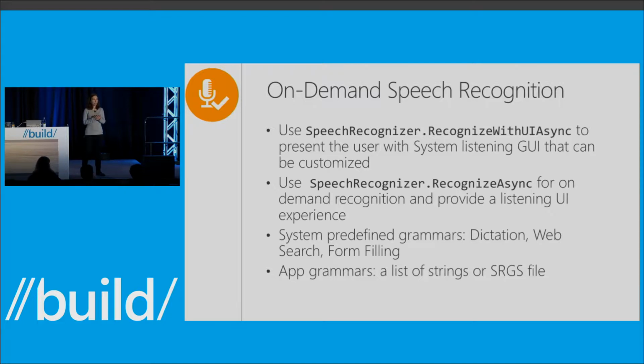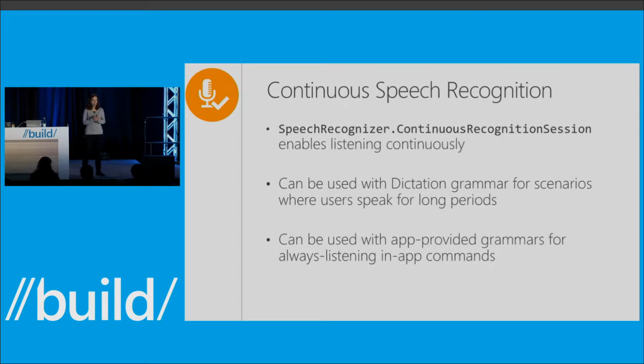You can also provide your own grammars, your own set of words to be recognized, as a list of strings or as an SRGS file. In that case, the recognition happens on device, and the device doesn't have to be connected to the internet.